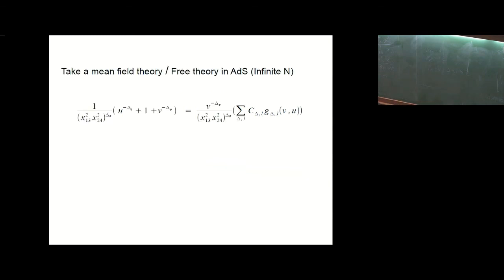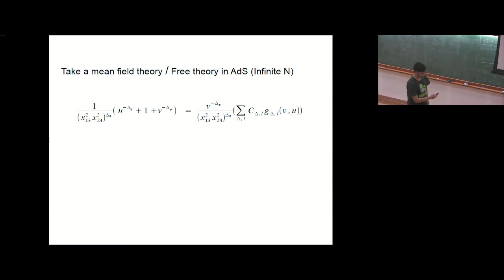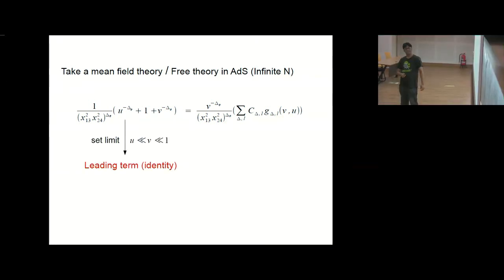So take a free theory, or a mean field theory, or a free theory in AdS. Here the 4-point function of the scalars is just the Wick contraction and has only these 3 terms. And on the right-hand side, I have written the T-channel expansion of the same 4-point function. And I have set the limits of cross ratios to be u much less than v much less than 1. This limit is called the Lightcone limit. I could do this because I was free to choose any values of u and v between 0 and 1.